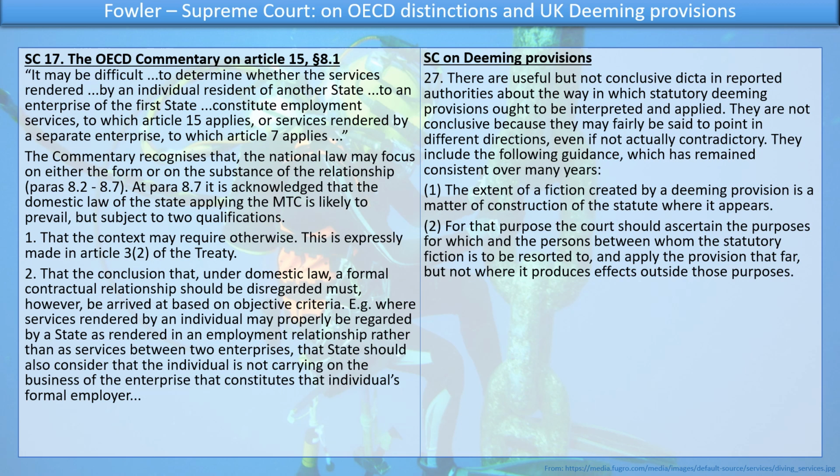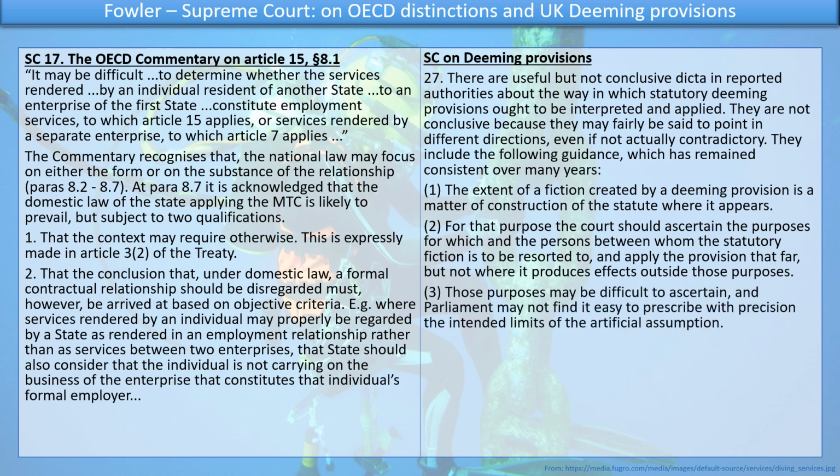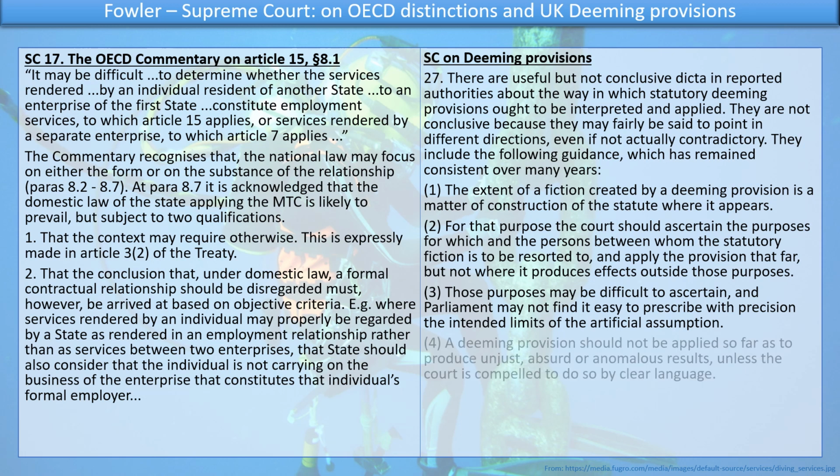So you need to know what the purposes are, right? But then the Supreme Court raises a point. It says those purposes may be difficult to ascertain, and Parliament may not find it easy to describe with precision the intended limits of this artificial assumption. And then it comes to two conflicting conclusions.